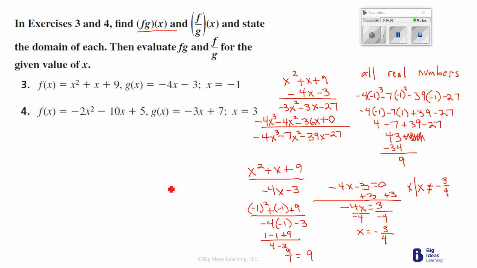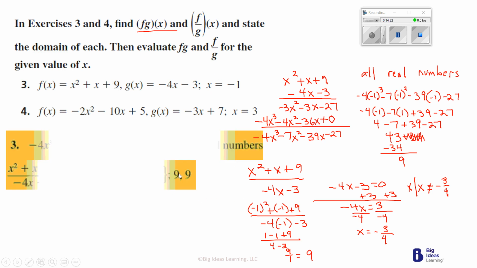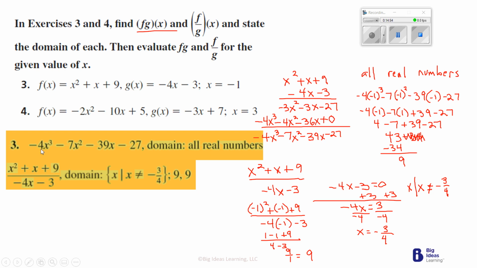Let's see how we did. And there we go. The first one, we add them. We get negative 4x cubed minus 7x squared minus 39x minus 27, just like we have here. We said that it would be all real numbers. The domain is all real numbers. And we said when we worked it out with x equal to negative 1, we would get 9 for an answer, and we did.